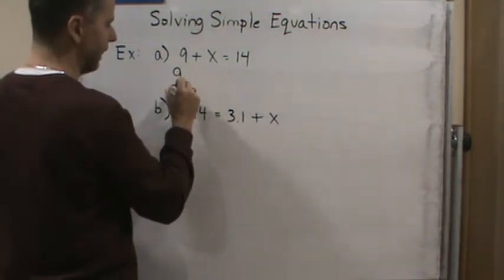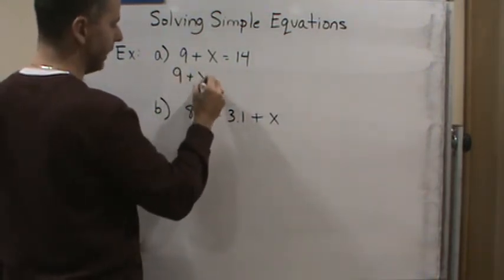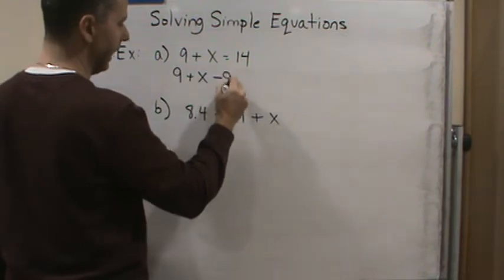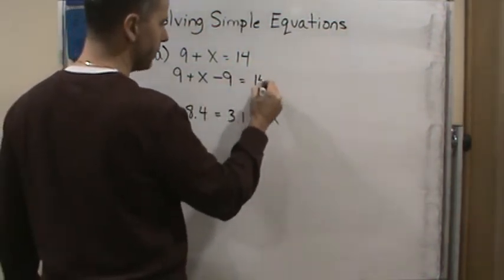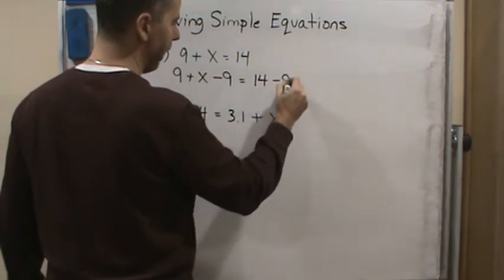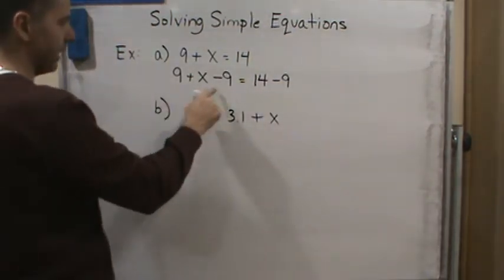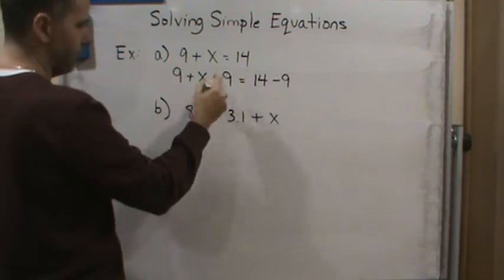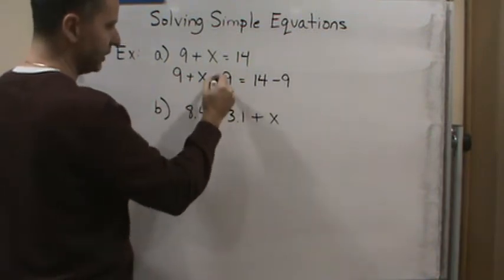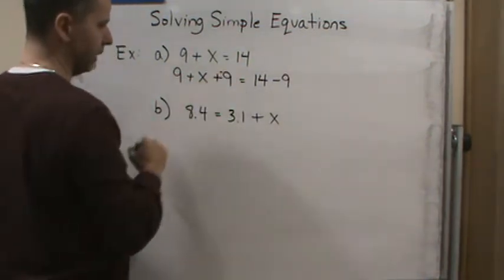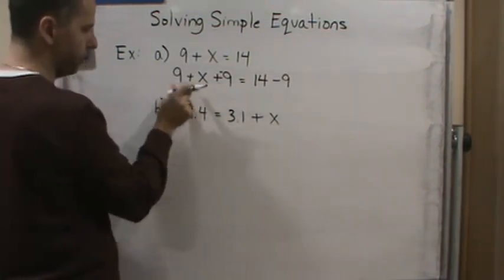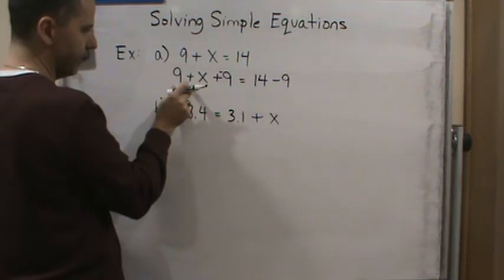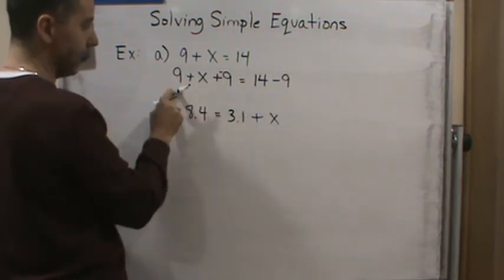I'm going to say 9 plus x minus 9, so there's my plus 9, there's my minus 9, equals 14 minus 9. Now, if it makes it easier to see, I'm going to make this into a plus negative. So now I've got an addition problem here, so I can move the terms around and combine like terms.